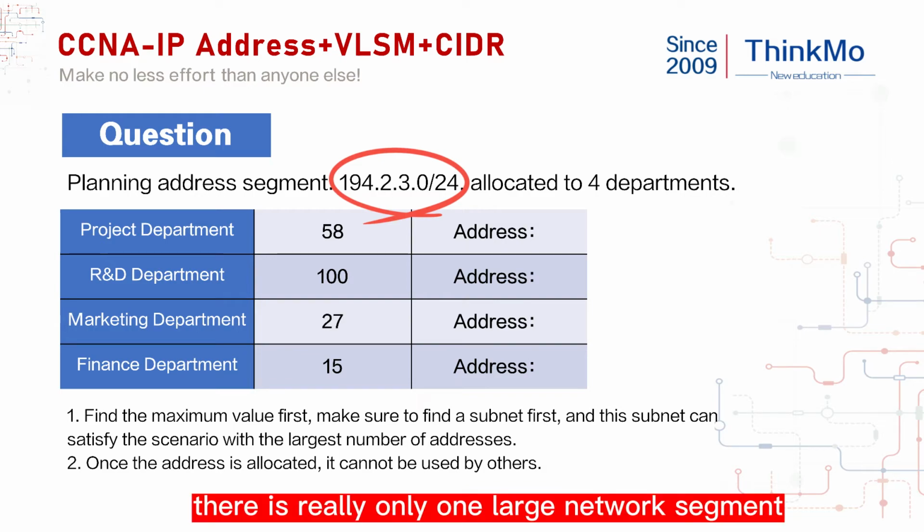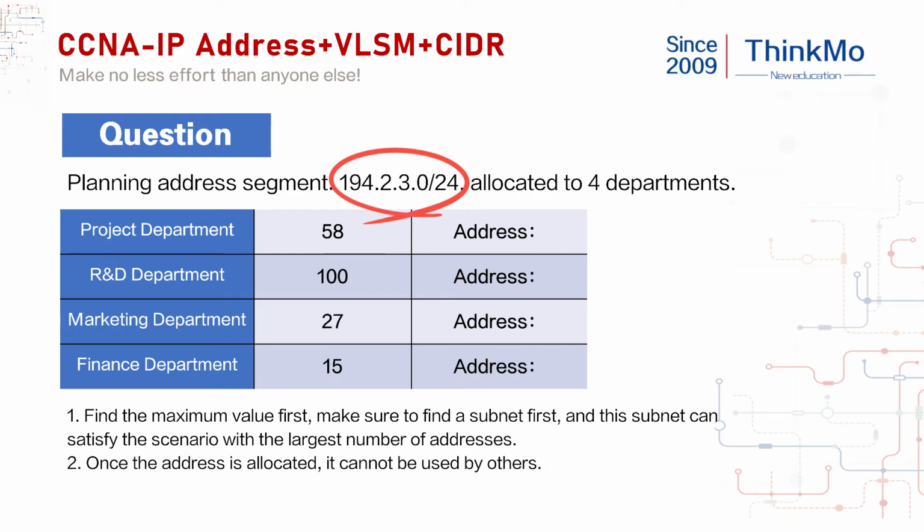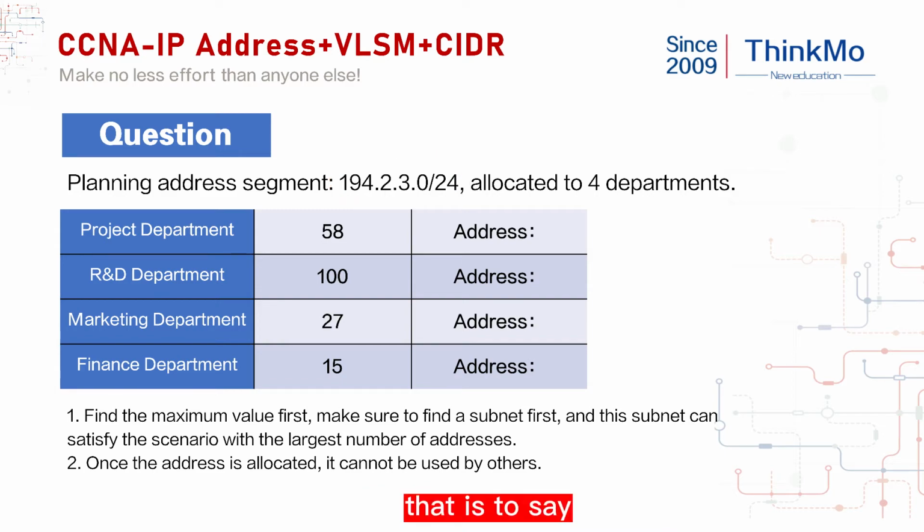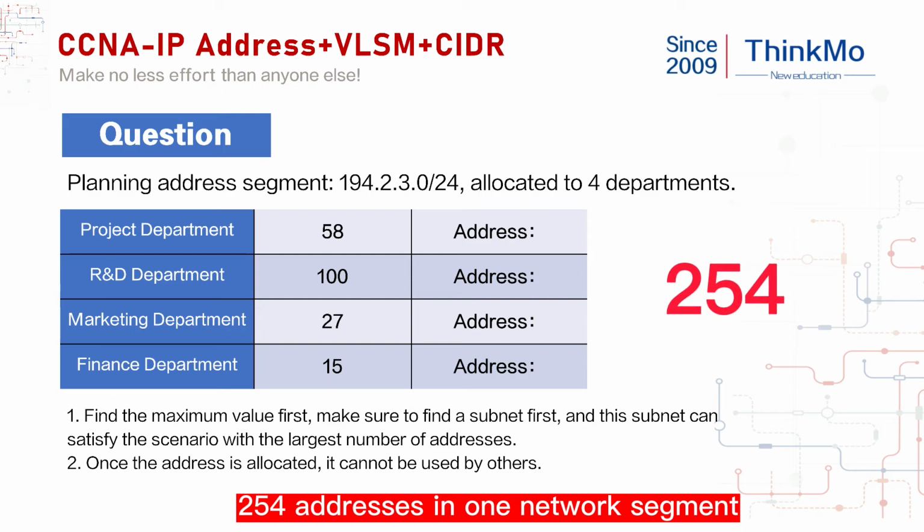There is really only one large network segment. It's called the 194.2.3.0 network segment. That is to say, the first 3 are fixed. This is the network bit. 254 addresses in one network segment.